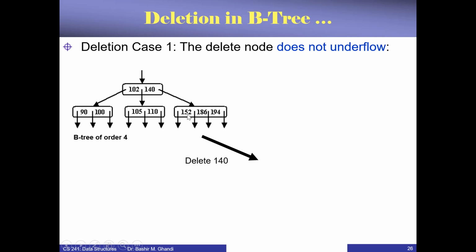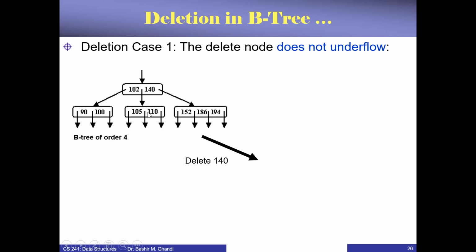So you swap. 152 goes up and 140 comes down, and then you delete the 140 from this node. Deleting 140 from this node will not create an underflow, because in a B tree of order 4, the ceiling of 4/2 is 2, and we can have 2 minus 1, so even 1 key is fine.